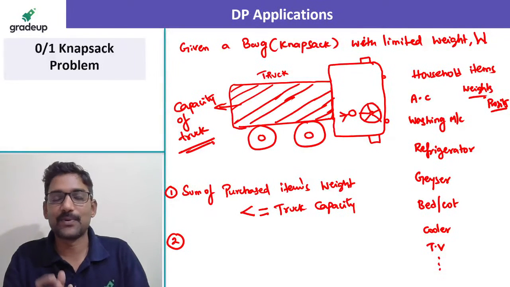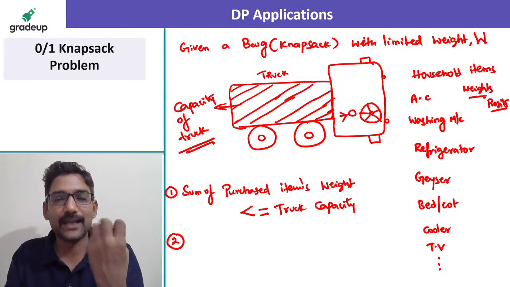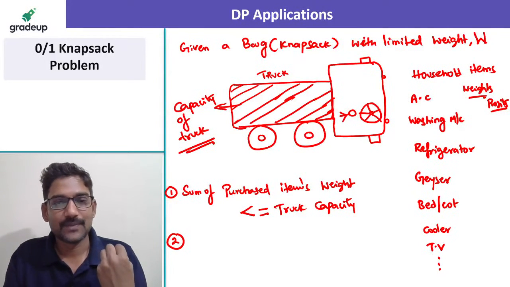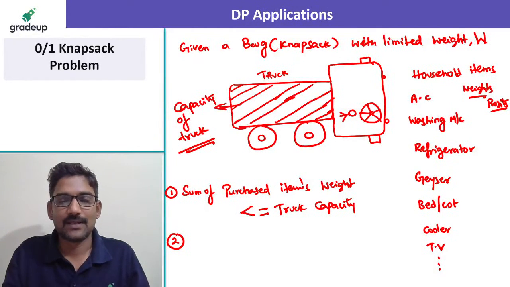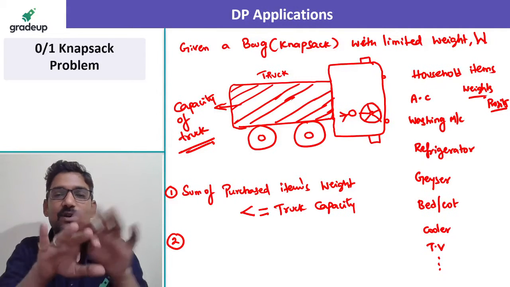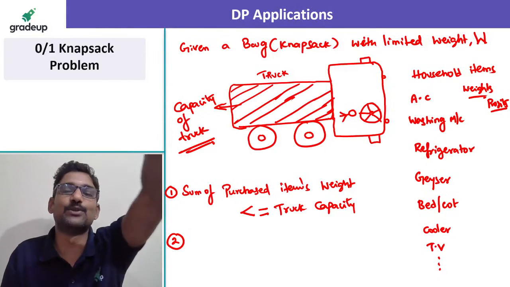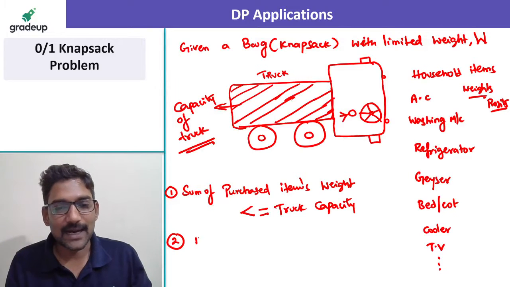What I mean is, is it possible to divide or break the AC and take a part of it? Or say I want just half a washing machine, or just the bottom portion of a double door refrigerator and not the top portion? Is it possible? No.